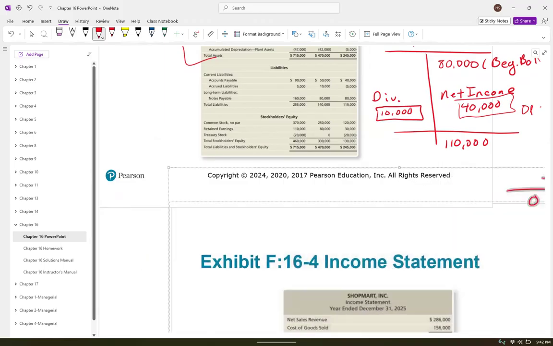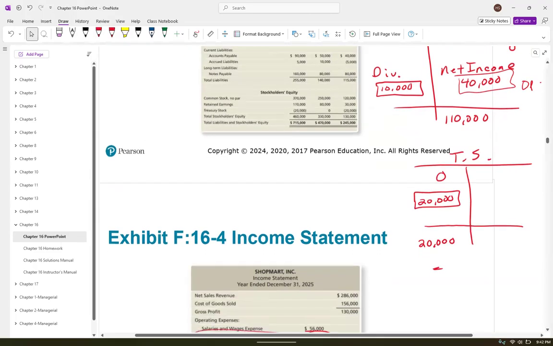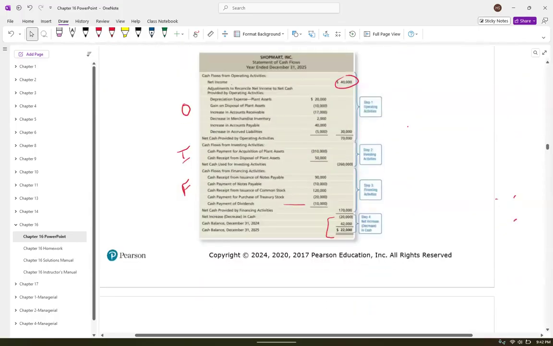It started with 0 and then it is going to end with 20,000. So there had to be a $20,000 change on the debit side, so we are going to subtract it. Okay. So that is right there in treasury stock.